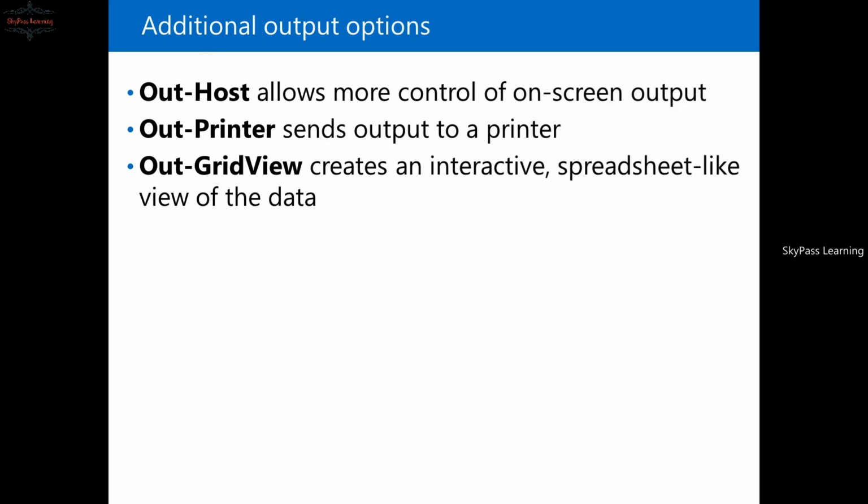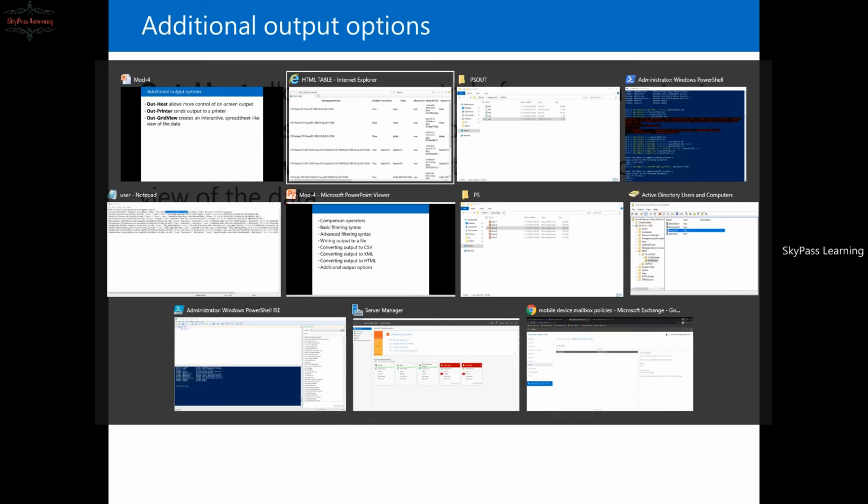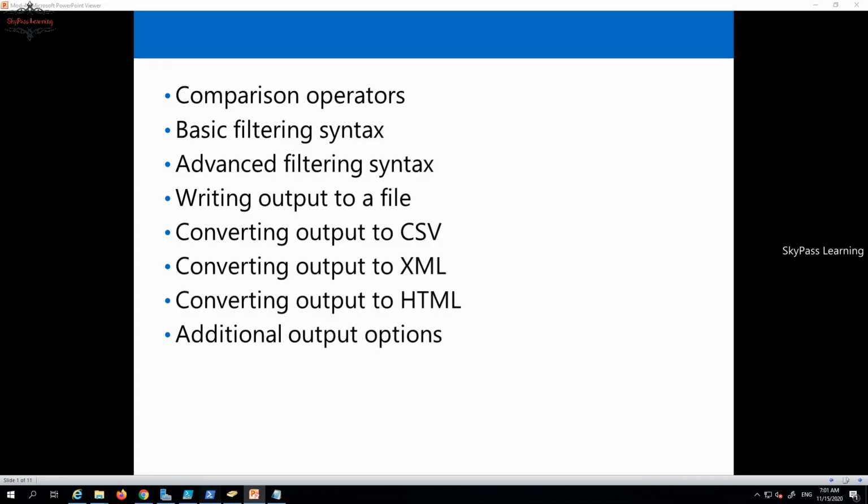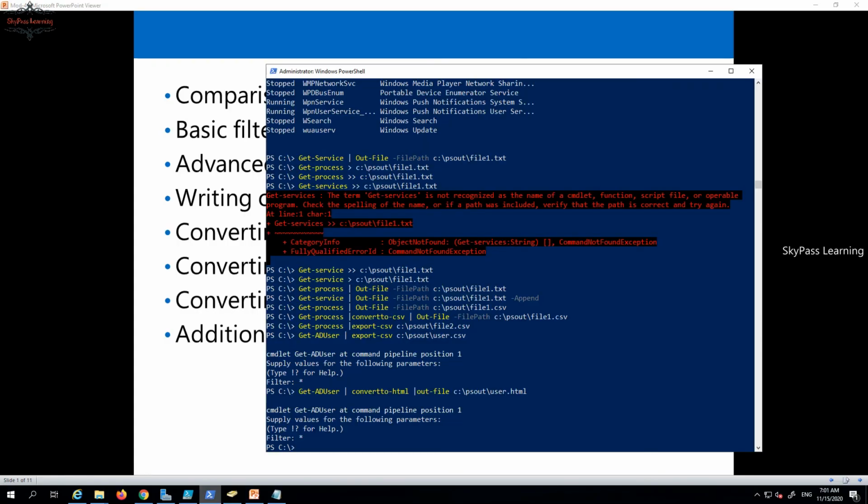And Out-GridView will provide you an interactive window that can be used to view the output. Okay, so that's all about this session today. And GridView, you can use it as a command simply here, as the cmdlet Out-GridView.